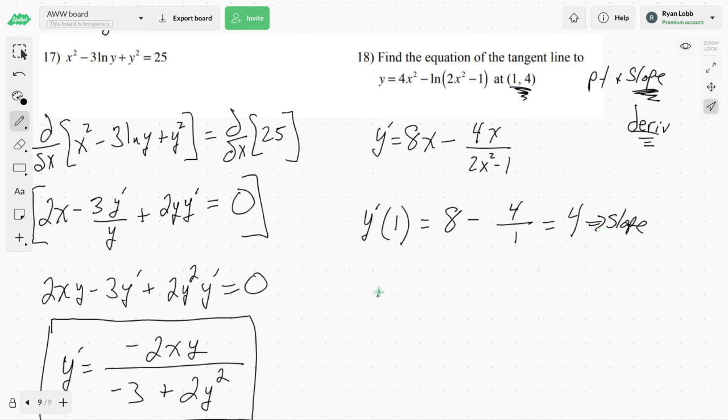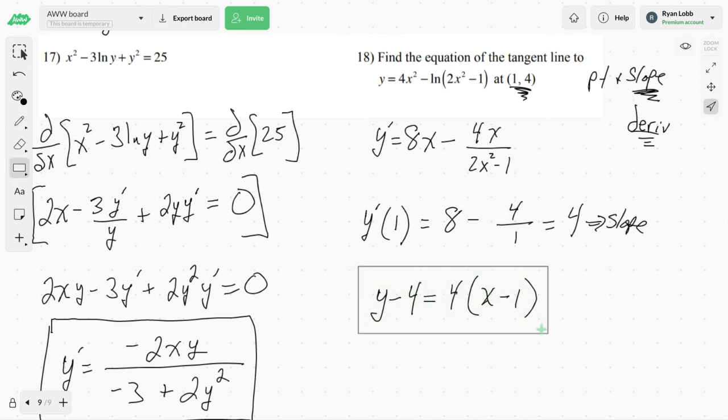So in point-slope form, y minus y1 equals m times x minus x1. Other than if there is an actual reason to put it in slope-intercept form, you do not need to do that. You can leave it in point-slope form there. And if need be, you could solve for y in terms of x and get it in slope-intercept form.